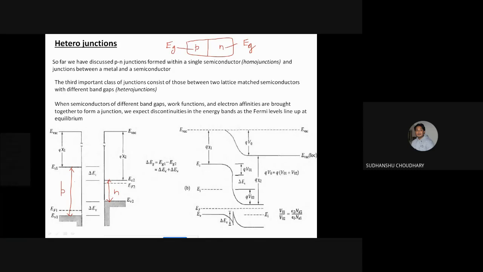But this material is different, and this material is also different. Maybe let us say this is silicon, and maybe this is germanium. So heterojunctions are junctions which are formed between two different materials of different band gaps.